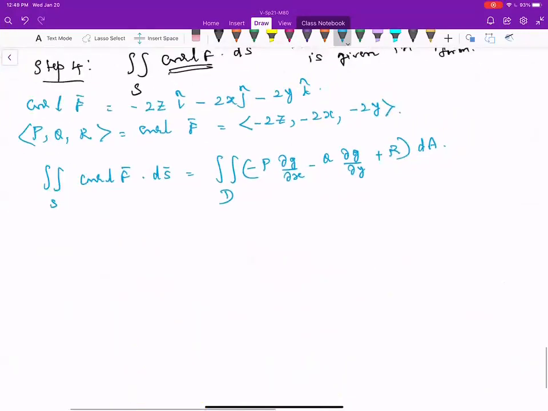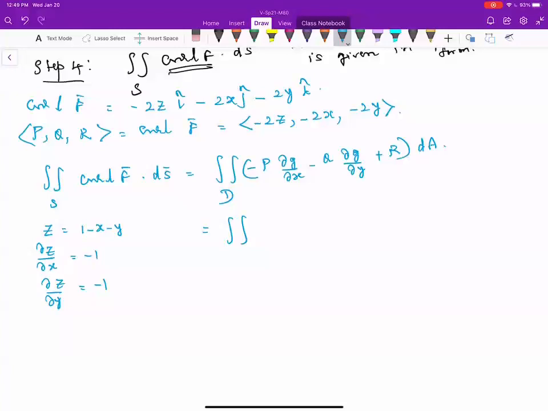So z is 1 minus x minus y. So dou z by dou x equal to negative 1. Dou z by dou y equal to negative 1 also. That is double integral over the domain.